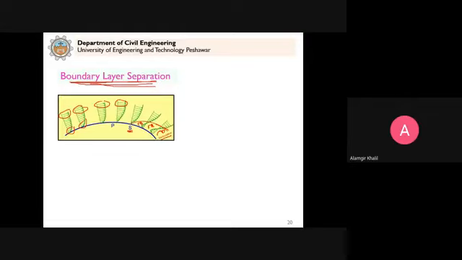This phenomenon in which the boundary layer gets separated from the surface of a body is known as boundary layer separation. And now we will learn why boundary layer separation takes place, and how we can avoid or minimize this phenomenon so as to reduce the drag force.